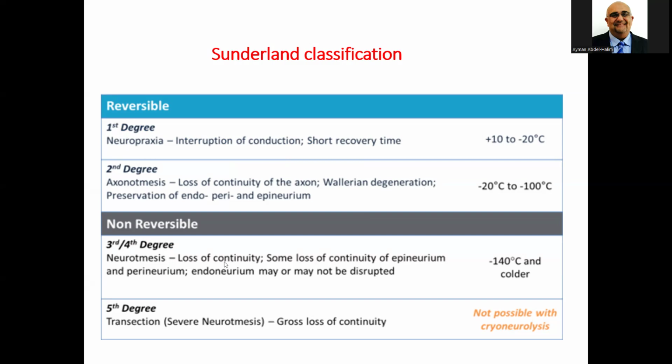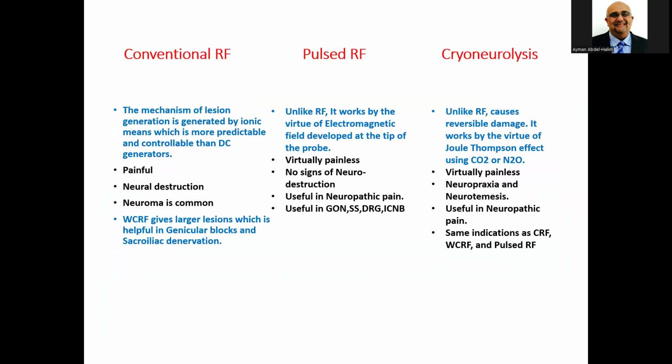We don't usually go lower than minus 140 here, so we don't reach this stage. We always stick with this stage because this gives you a reversible lesion with cryoablation. And this fifth degree is not possible with cryoneurolysis.